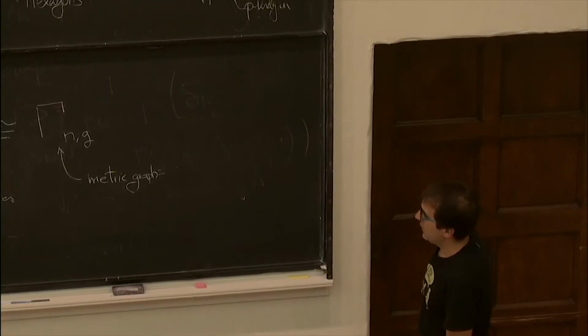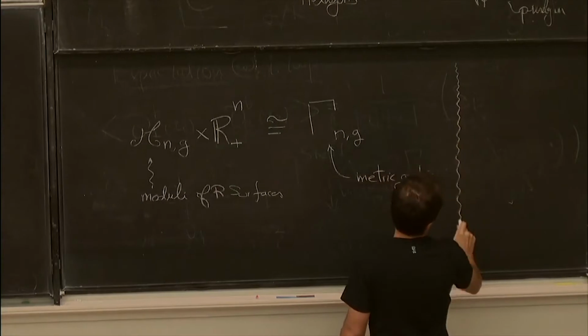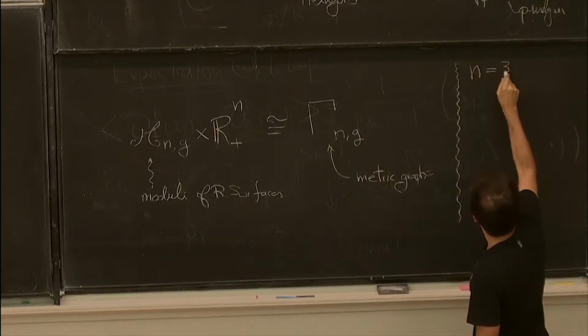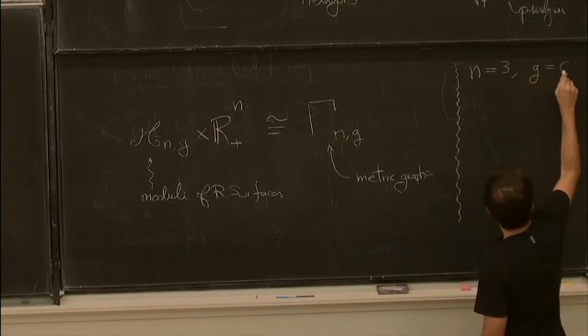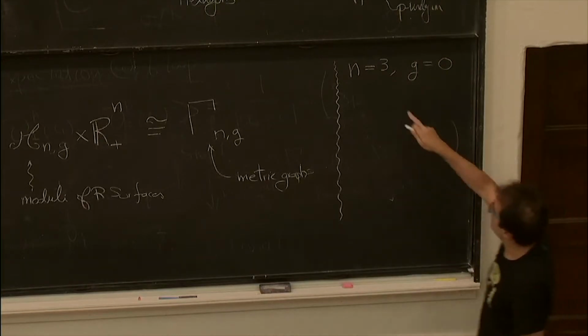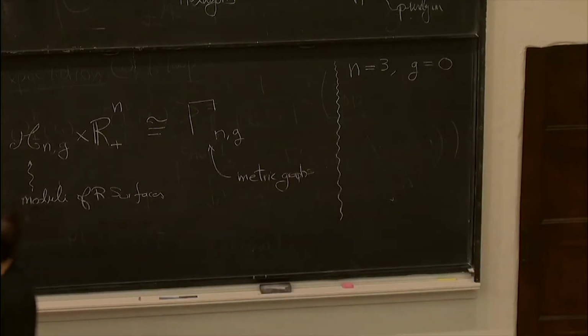So what was I saying? Good. So now let's think a little bit more about the particular case that we were just doing, which was genus 0, as you were pointing out, and 3 punctures. So if you have n equals 3 and genus 0, let's see what happens first in the gauge theory.